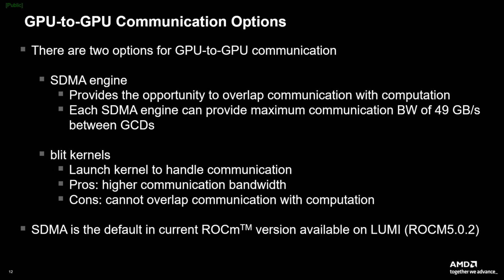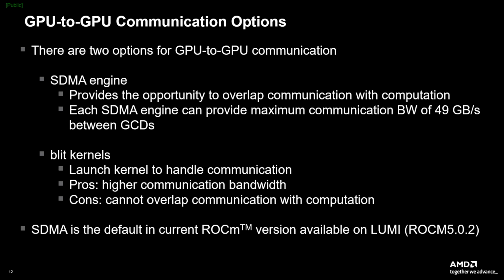But the drawback of using the SDMA engine is that it can provide a maximum communication bandwidth of 49 gigabytes per second between the GCDs. The other option is using blit kernels, where we actually launch a kernel to do the communication. The advantage of using blit kernels is that they can provide higher communication bandwidth. However, we cannot overlap communication with computation.